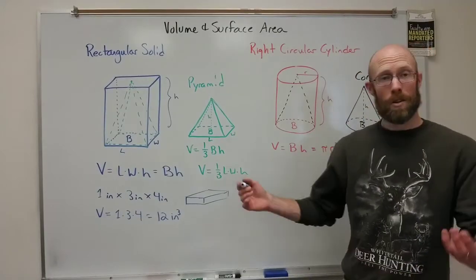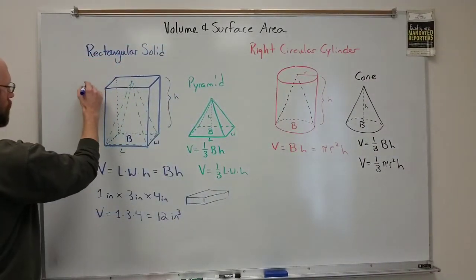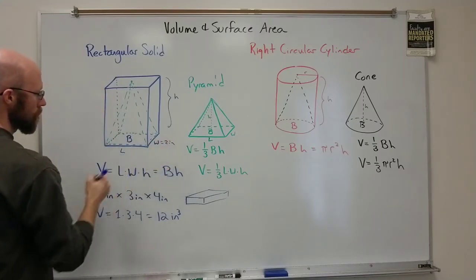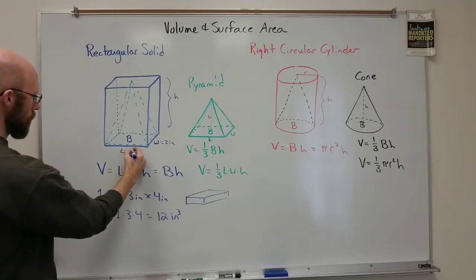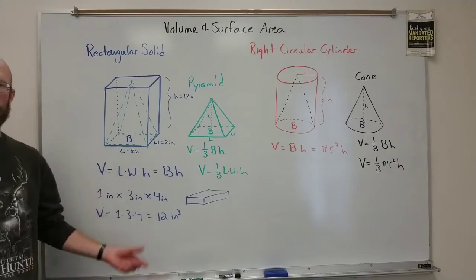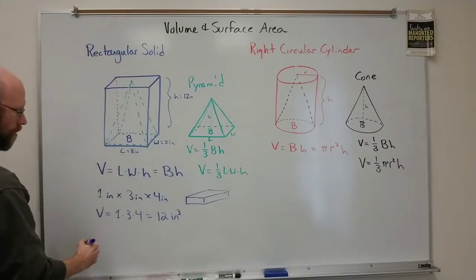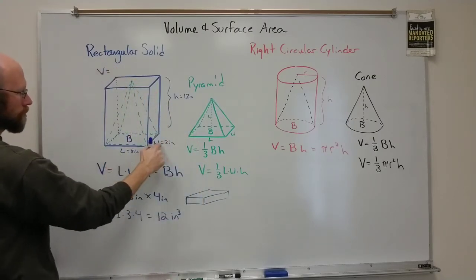If I wanted a cereal box, for instance, let's say this is more like a cereal box, and let's go with like, maybe it's 2 inches, the width is 2 inches, the length here is maybe more like 8 inches, and the height maybe more like 12 inches. Then in that case, the volume of that solid, and I'll put it up here, the volume would be length times width times height, right?